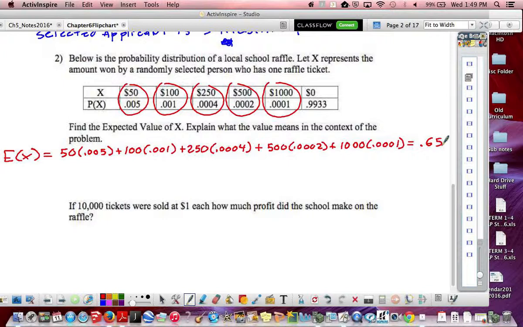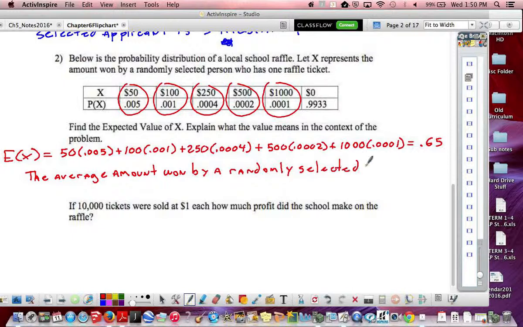So what does that mean? Well, the average amount won by a randomly selected person who has one raffle ticket is a whopping 65 cents.